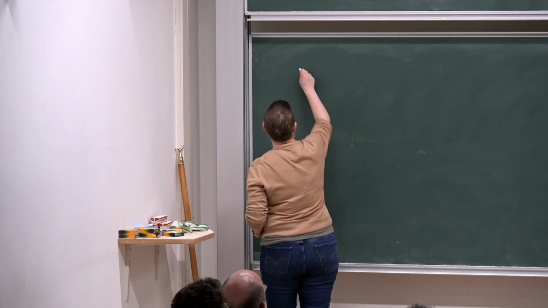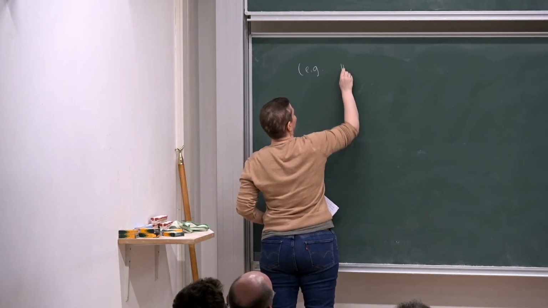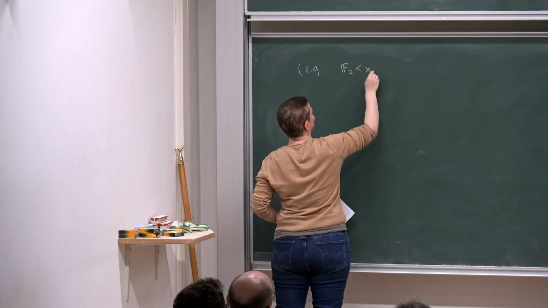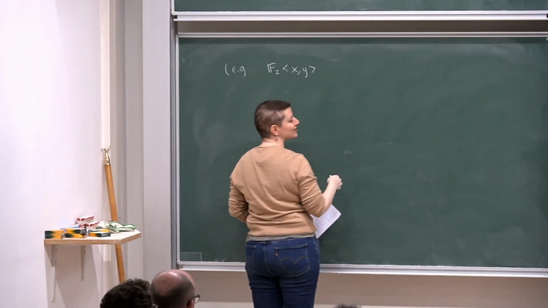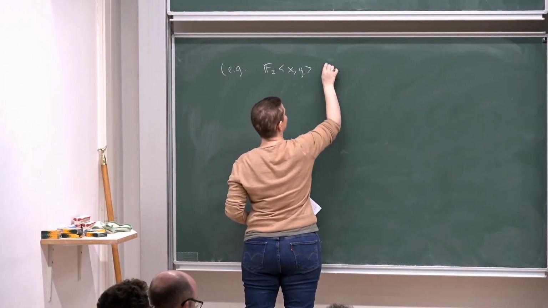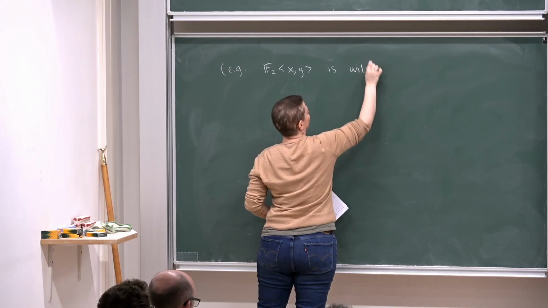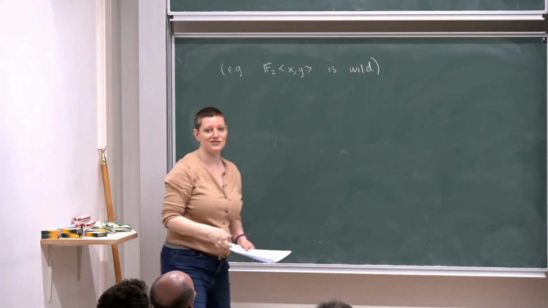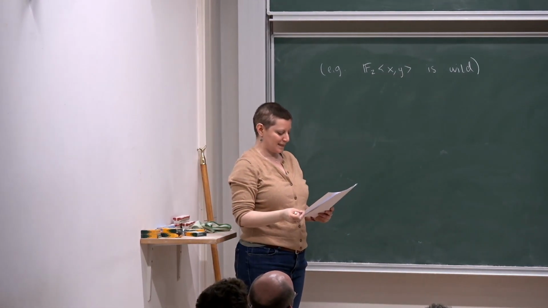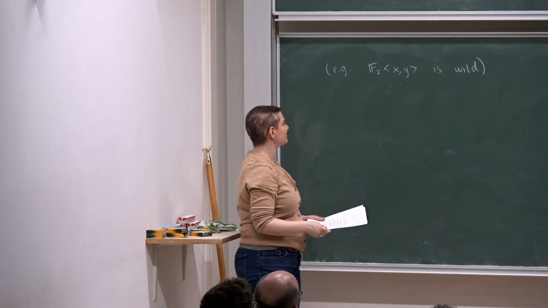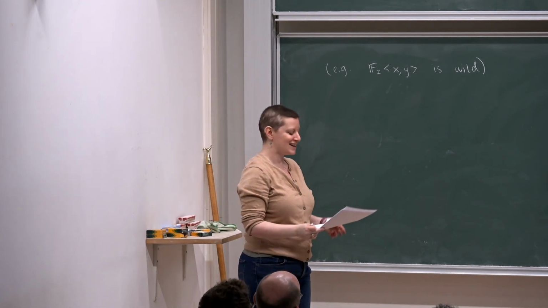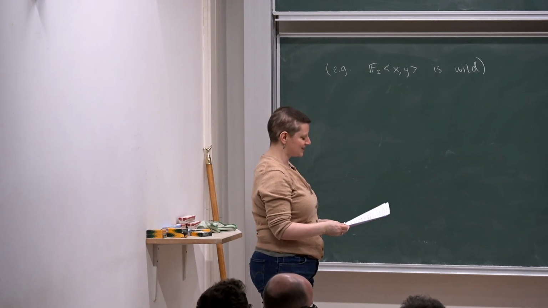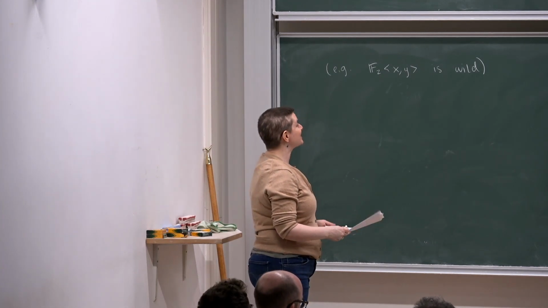And in fact, I'll explain this a bit more in a moment, but the free algebra on 2 generators, so non-commuting generators, is also wild. And somehow that's kind of key to the wild case. But no, I'm in no way claiming that we describe all F2 algebras and all of their modules.